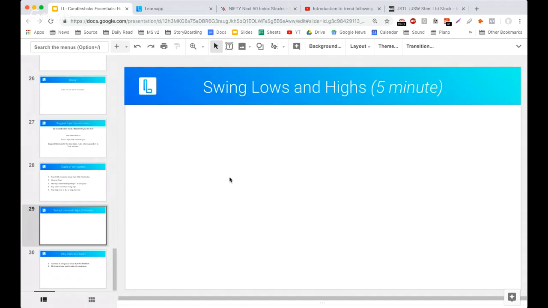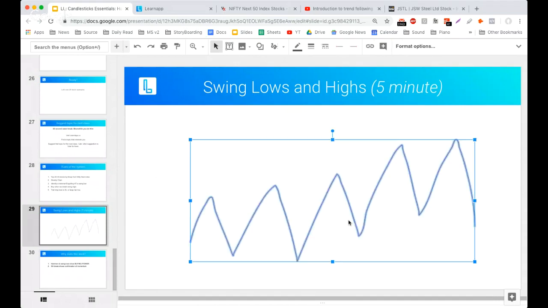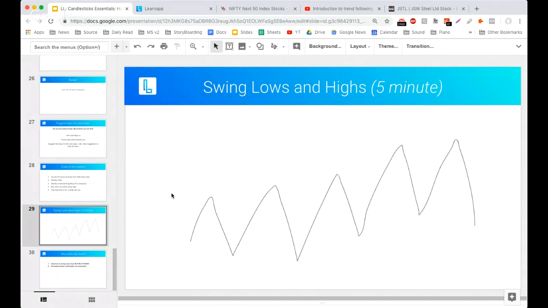All right. Now, very quick, I did this in my last class. I'll do it now. How many swing highs do you see in front of you? This is to confirm all 1,000 of you understand it. Count the number of swing highs. I give you 5 seconds to answer.